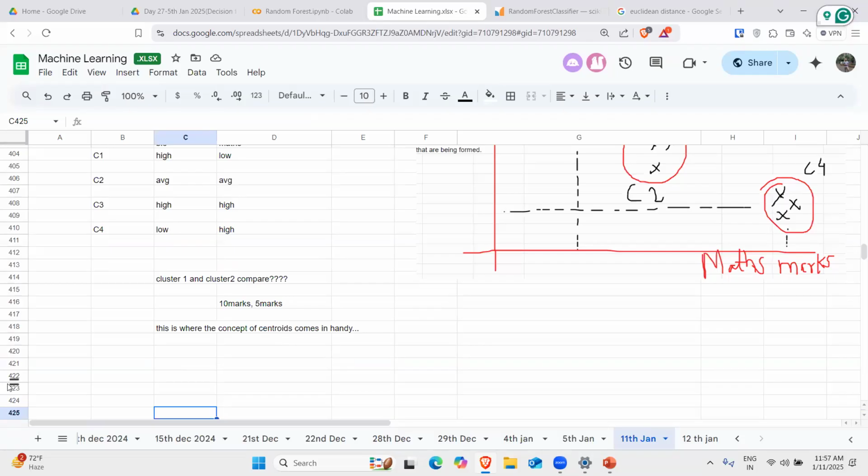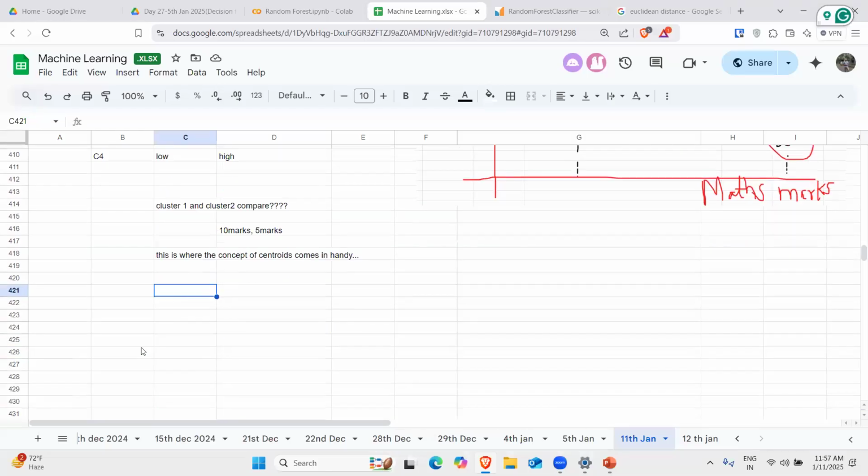So let me take a data. Okay, let's create a table. We have observations A, B, C, and D, right? We have height, weight, and age for each person.